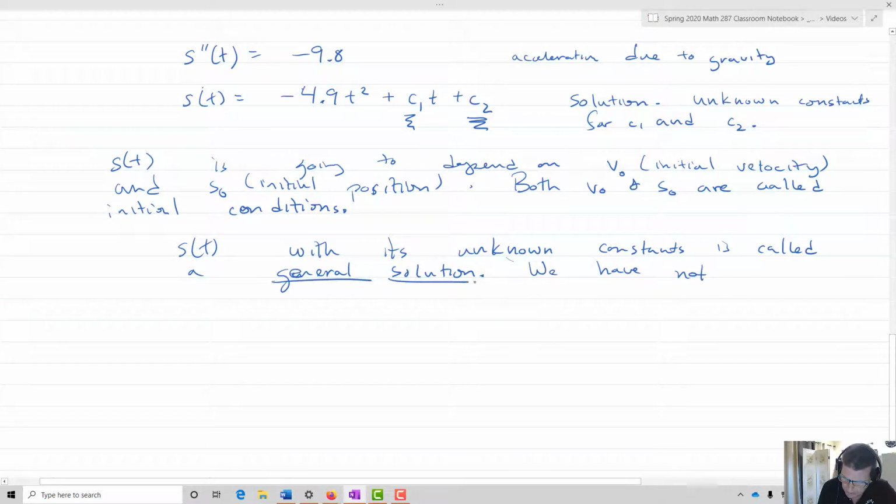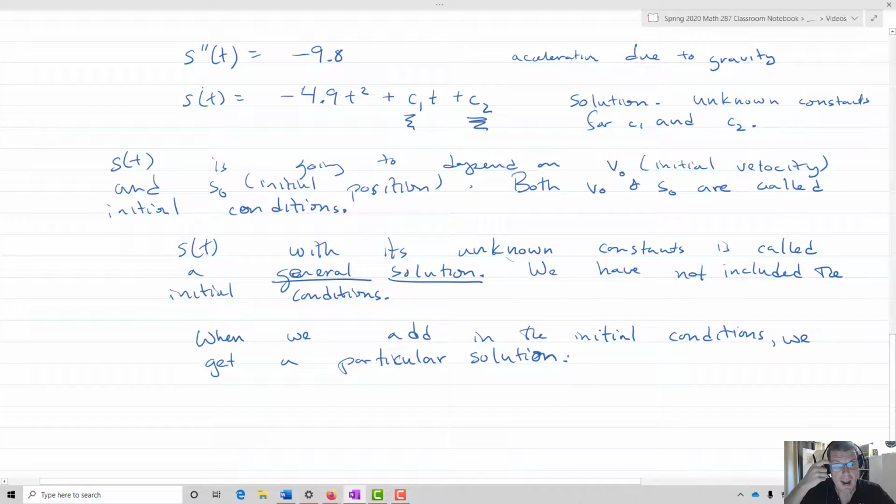That's a very important phrase because you're going to be asked for either the general solution or the particular solution. On the other hand, when we add in the initial conditions, we get a particular solution, and the particular solution will not have unknown constants. Instead, it's going to have some very well-defined constants.